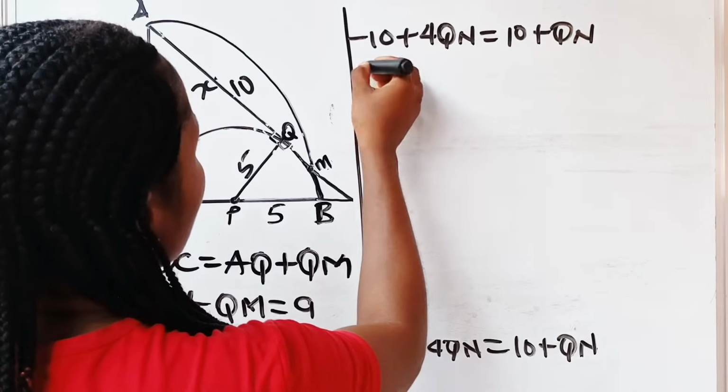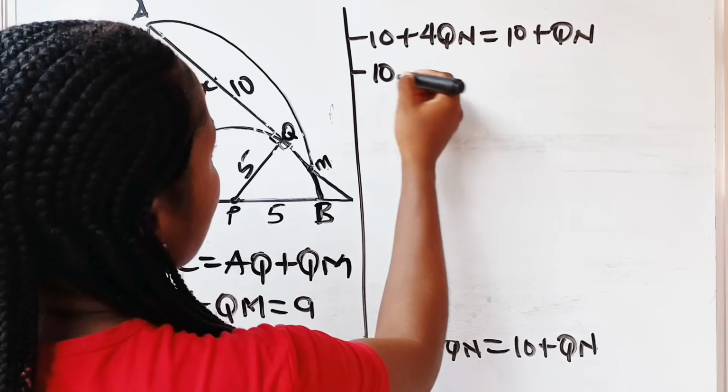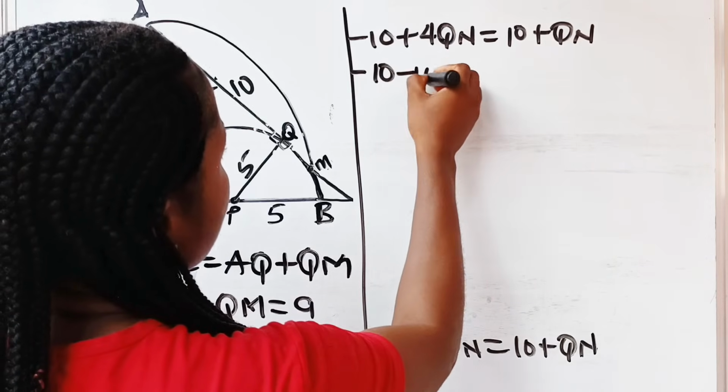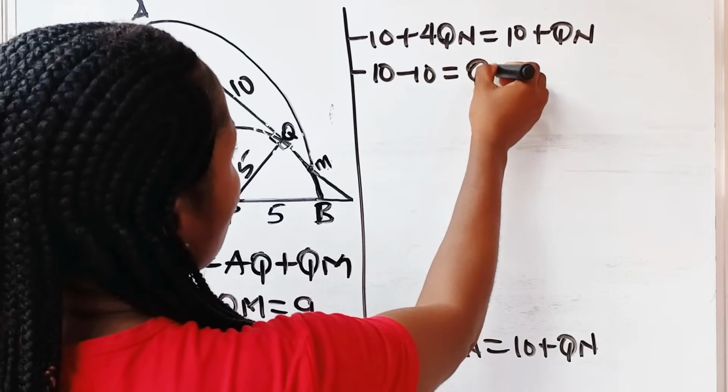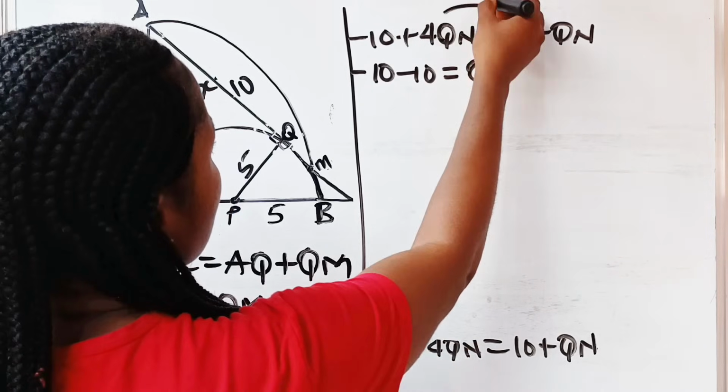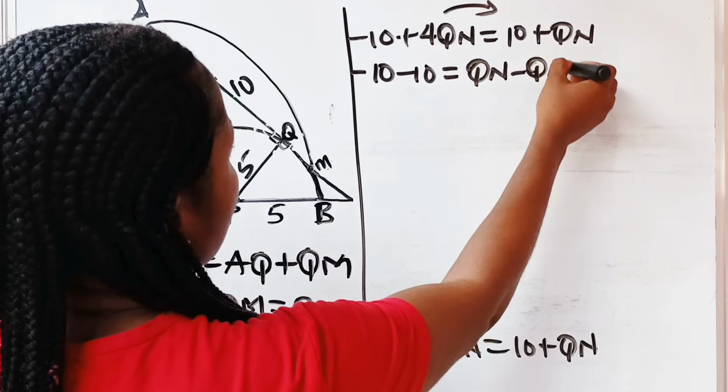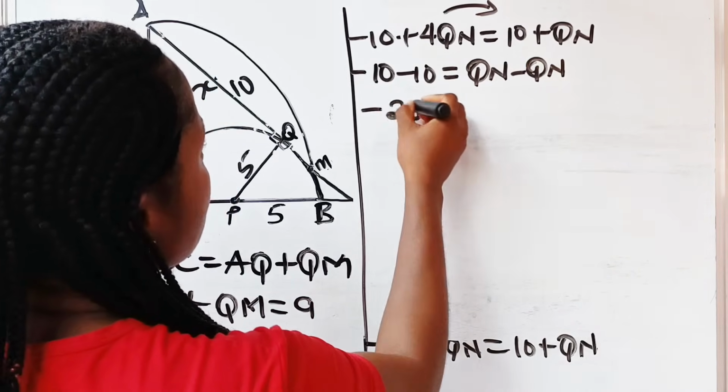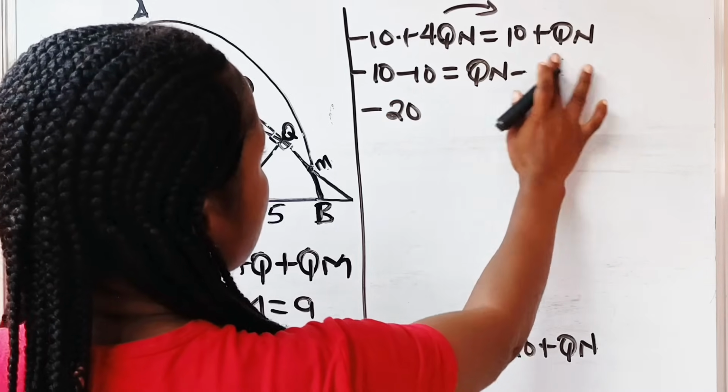So we have minus 10, this will cross to become plus 10, and QN will cross to become minus QN. So we have minus 20 minus 4QN, sorry.